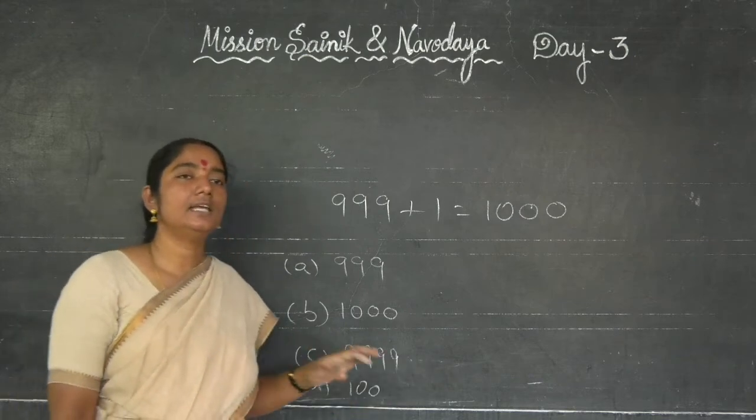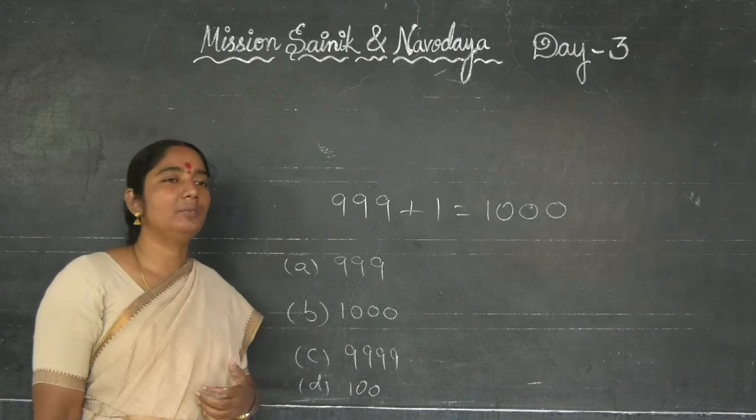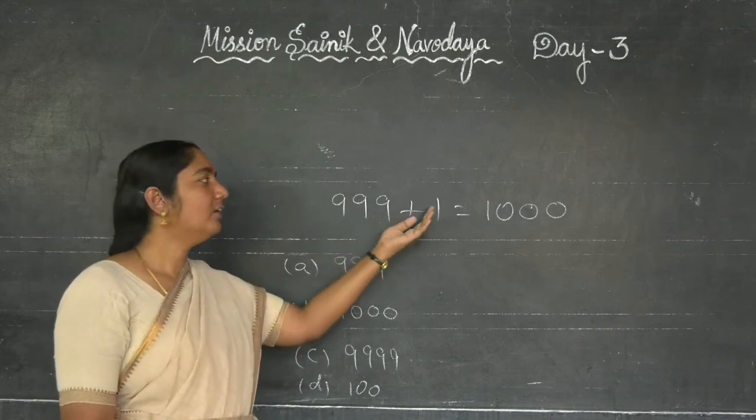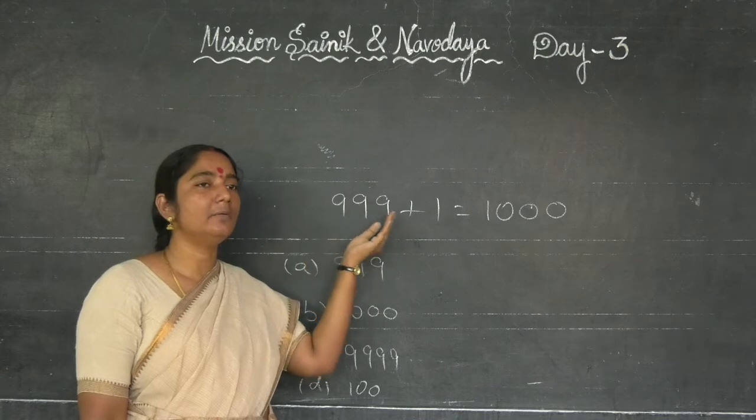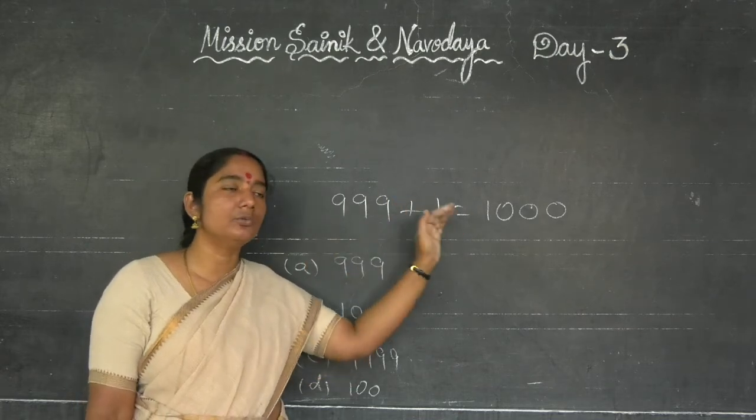In this case, the options are important. You are adding 1 to the 3-digit largest number, 999 plus 1 is 1000, and everybody can do up to here.